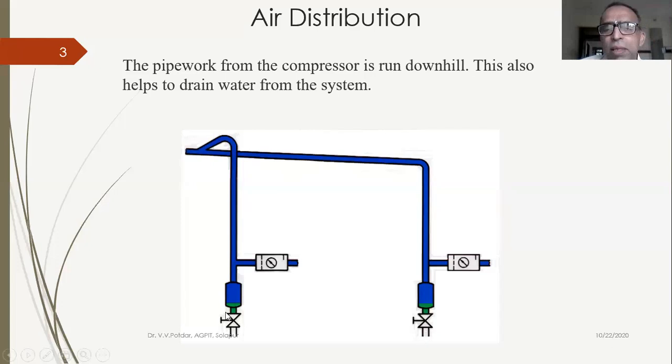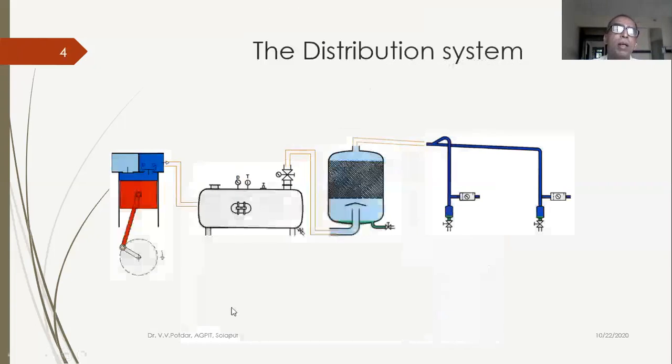These are provided with valves, flow control valves, accumulators, and pressure control valves, and then you have a typical distribution system. This is a sketch of a reciprocating compressor, with the compressed air going to the accumulator or receiver. If we don't use the receiver, what would be the problem?